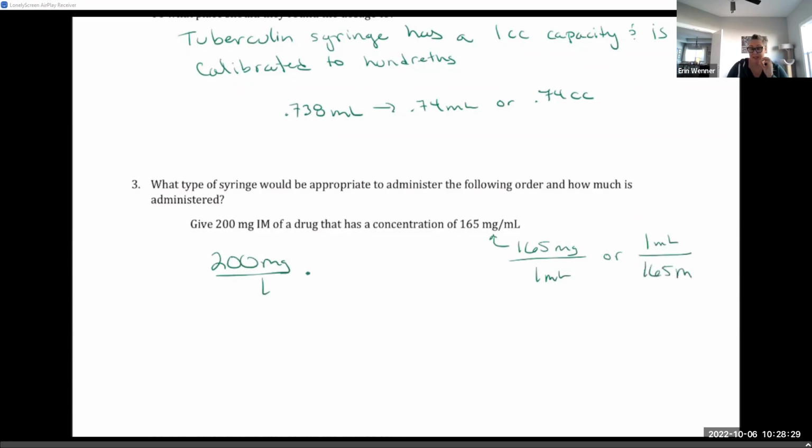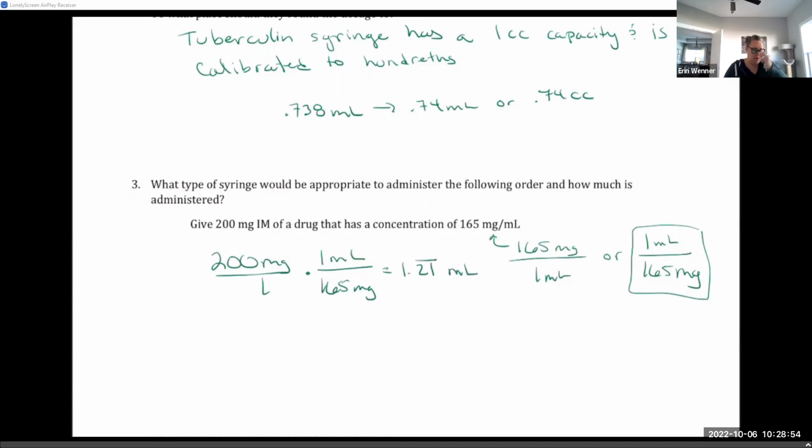Again, we're trying to cancel the milligrams and get our quantity in milliliters. So we're going to use the second conversion factor. And if we multiply across, we get 200 over 165. We end up with 1.21 repeating milliliters.